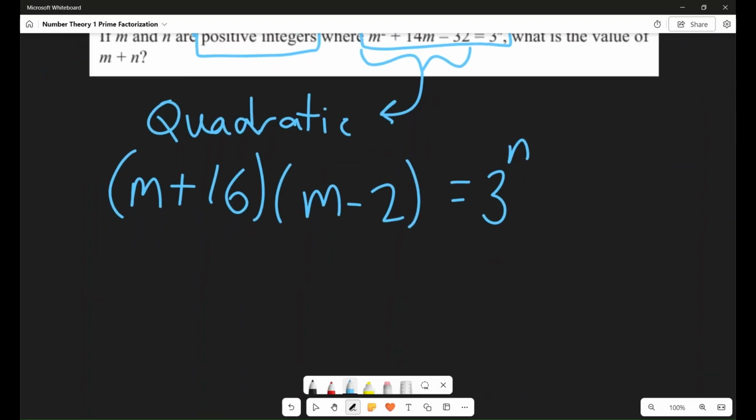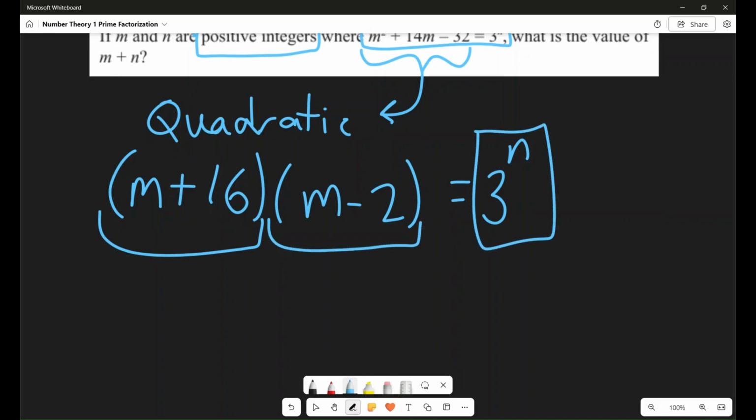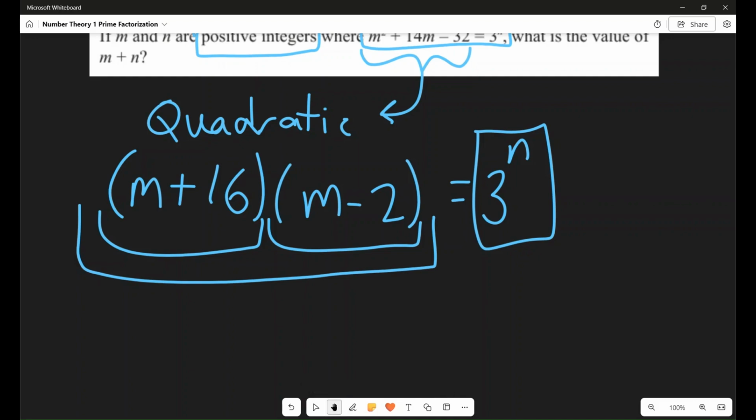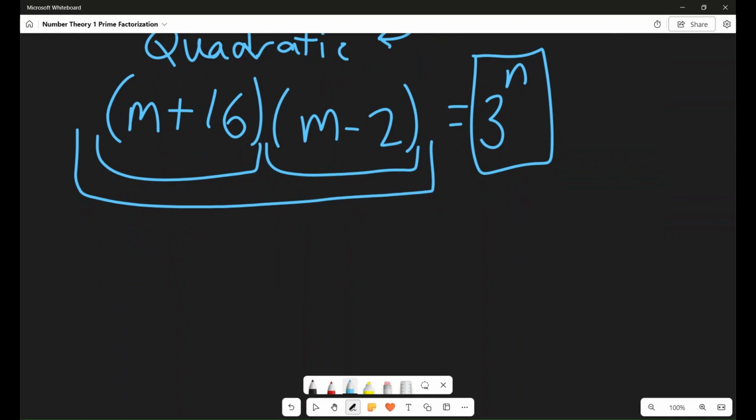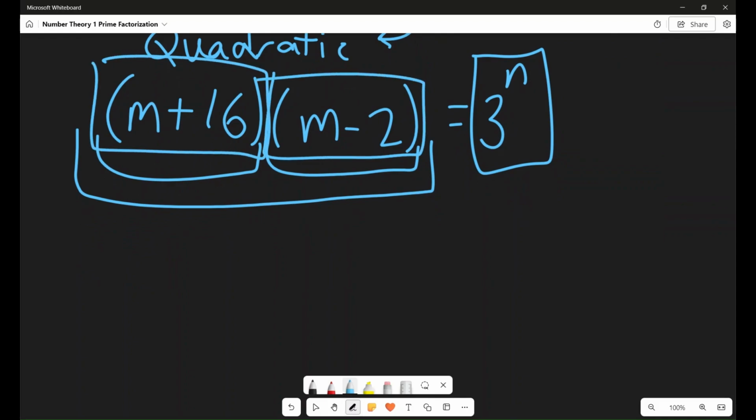So that means that this is a positive integer, this is a positive integer, and of course, this is a positive integer. So because these two sides are equal, the only prime factor here is 3. In other words, both sides need to have the same prime factorization because they're the same number. So that means that this is a power of 3, and this is also a power of 3.